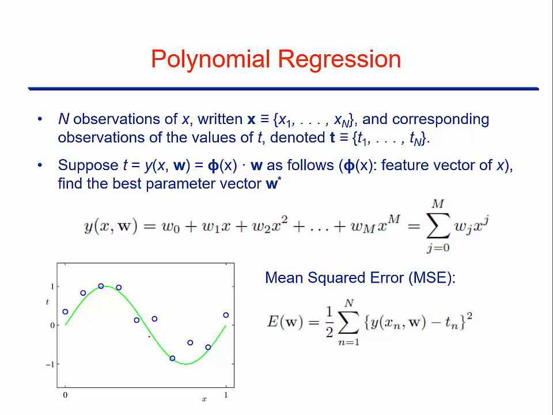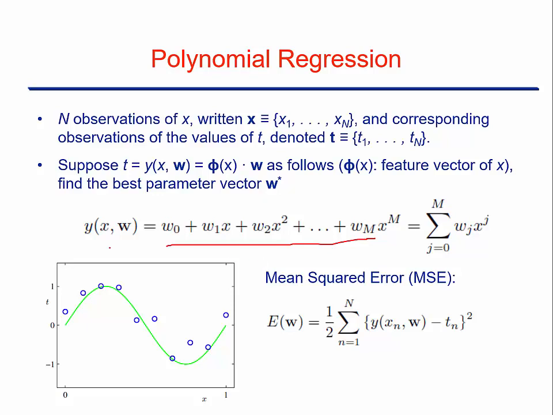of the so-called basis functions of x in this way. And this is also called a Taylor expansion. In calculus, we know that Taylor expansion can approximate almost any function of x.